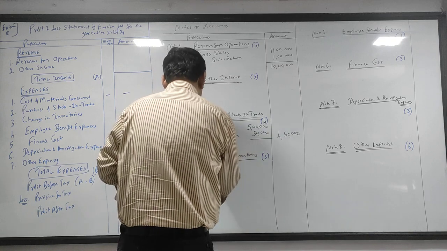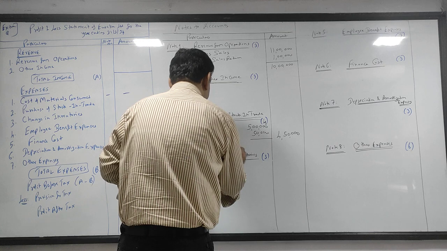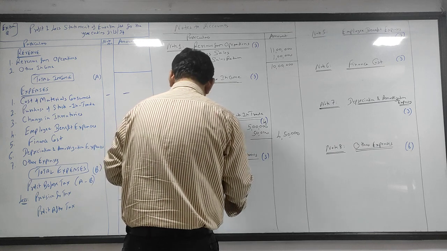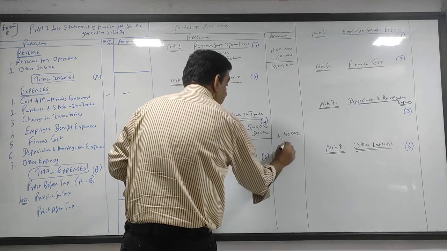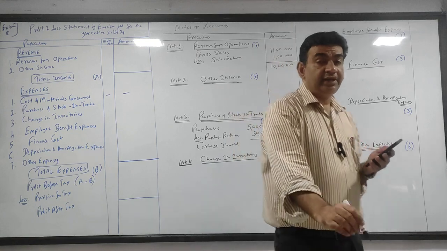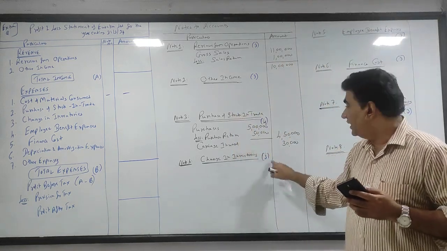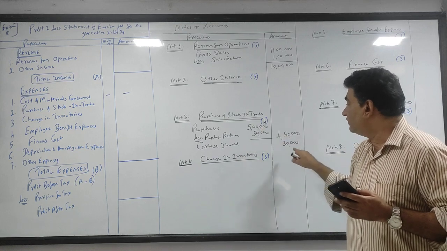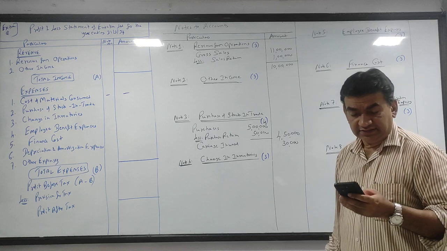And to that, you will add carriage inward. Carriage inward is 30,000. Getting it? Actually, I'll repeat. अगर carriage inward नहीं होता, if carriage inward was not there, you would have taken 5 lakh minus 50, that is 450. But carriage inward is there, so you will take this.